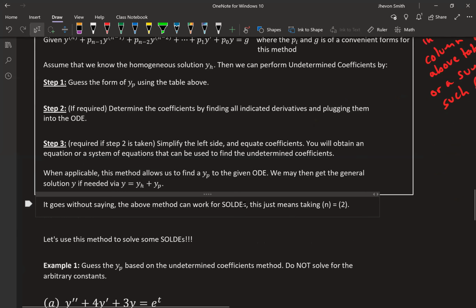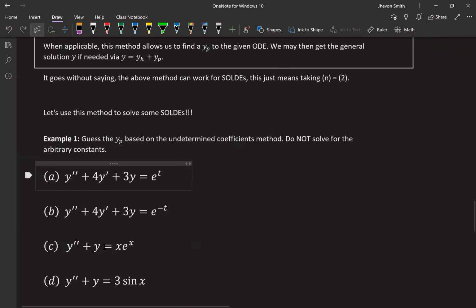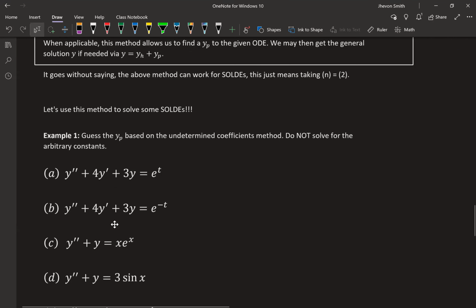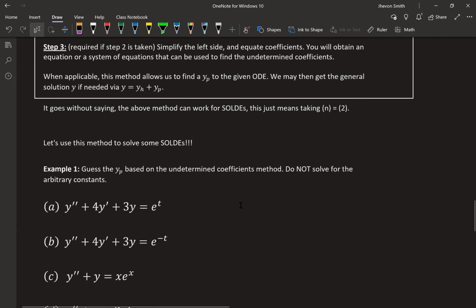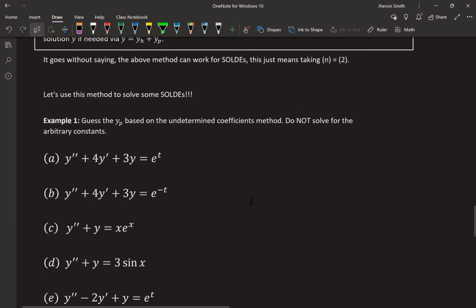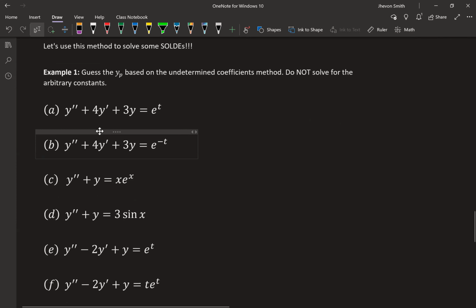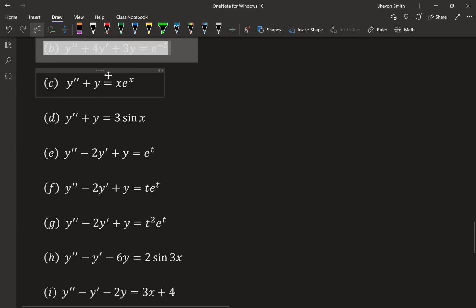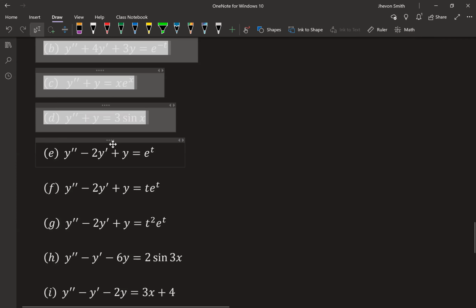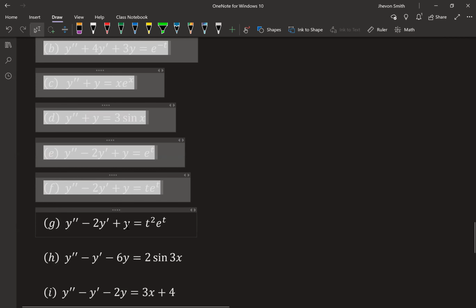But the method is unchanged if it's a second order, right? So we're going to do practice with some second orders here, but the principle is going to be the same for higher orders as well. So let's actually jump into some examples. Again, let me do the first one.